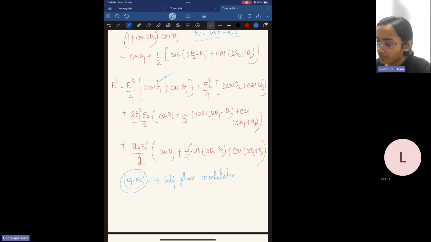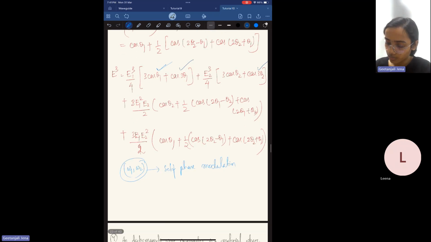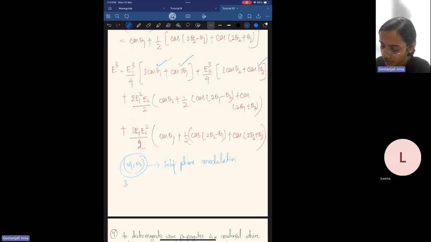Now the terms we have are 3 theta 1 and 3 theta 2, which is the third harmonics. So we have 3 omega 1 and 3 omega 2. This is third harmonics.